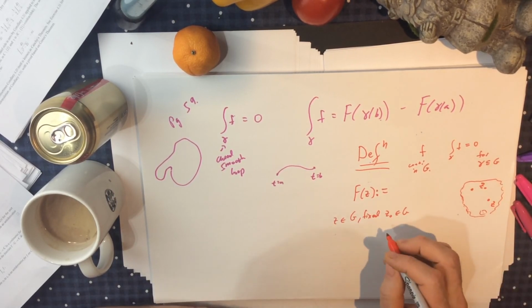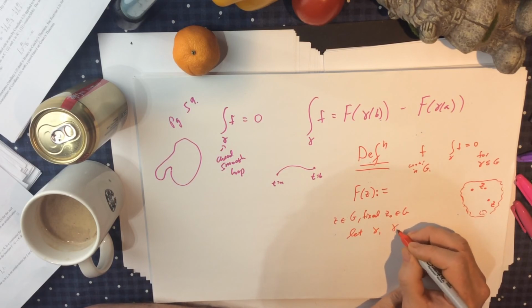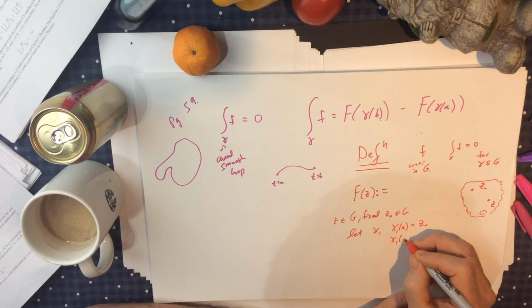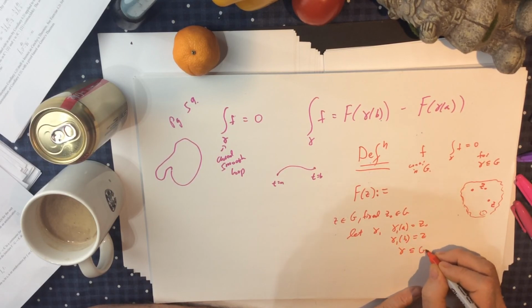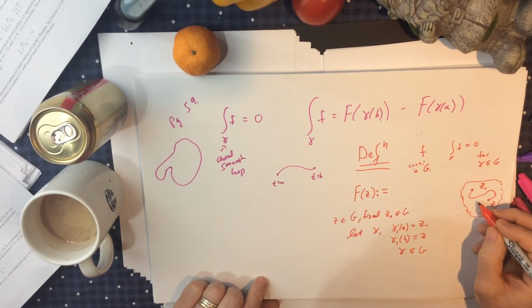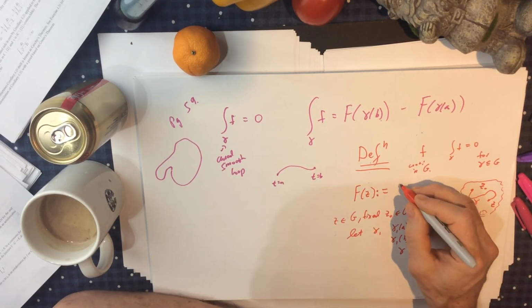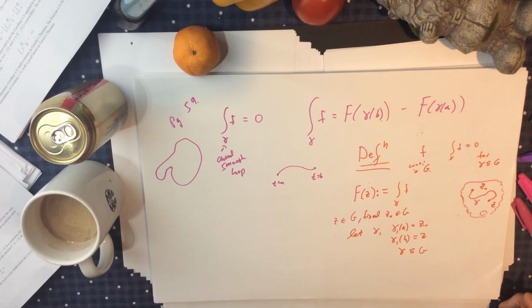And we're going to let gamma 1 be such that gamma 1 of a starts at z naught, and gamma 1 of b ends at z, and gamma 1 lives entirely inside of G. So basically this is a path that wanders like that. And now we're going to define F of z as that path integral of our function, starting at z naught and ending at z.